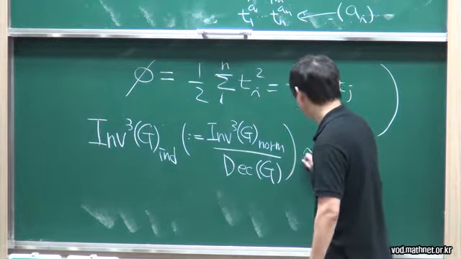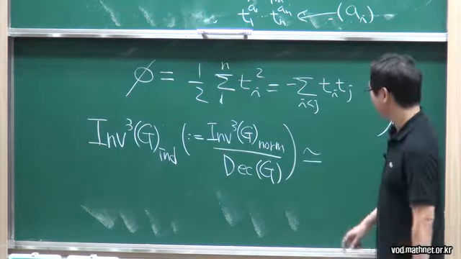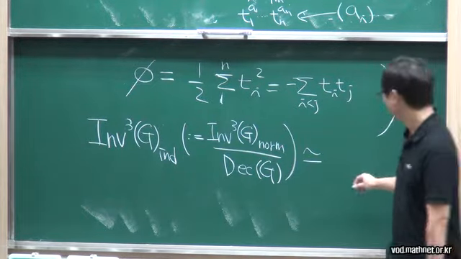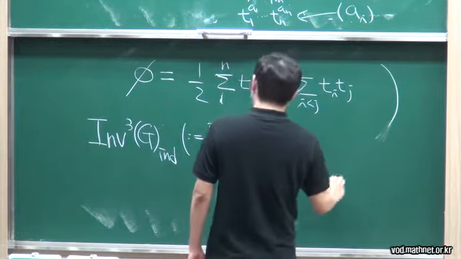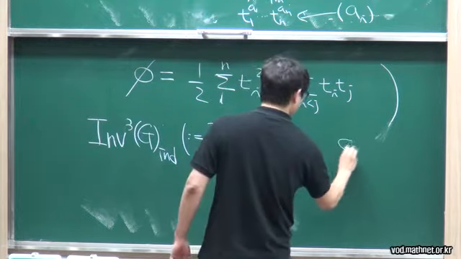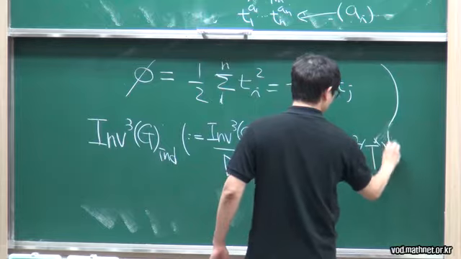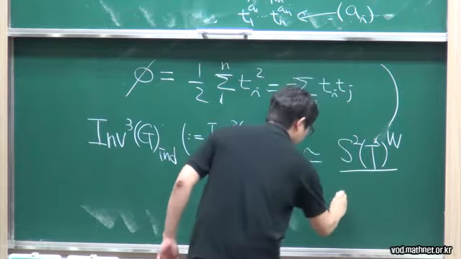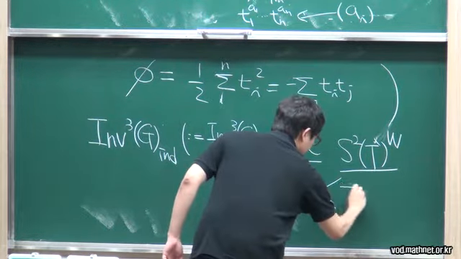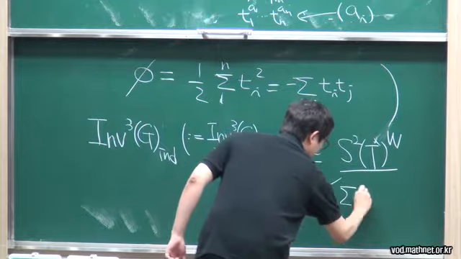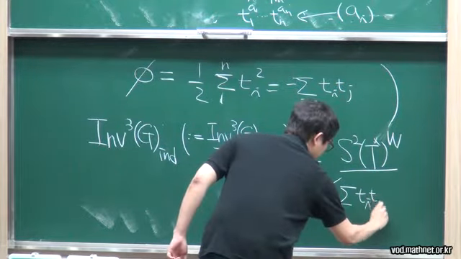And this is a theorem by Rost and Merkuriev, and it's the symmetric square quotient by some subgroup of this form.